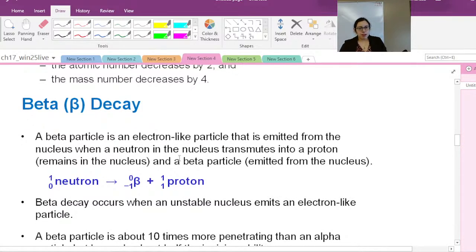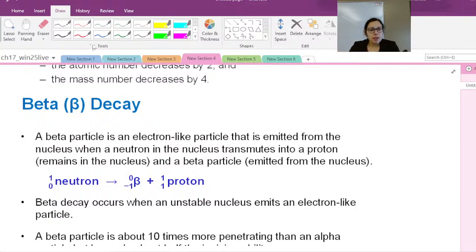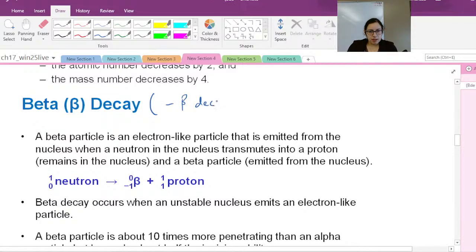And then let's look at beta decay. There's really 2 types of beta decay. This is what I call negative beta decay, and you might see it referred to such, depending on what resource you're looking at. This negative beta decay is when we have a neutron that essentially breaks up.